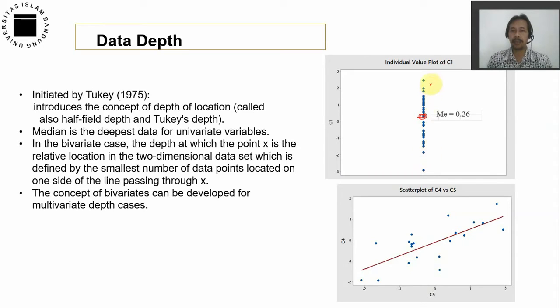The lowest or the highest values are the outer data, I think, not necessarily the outlier, but the outer.